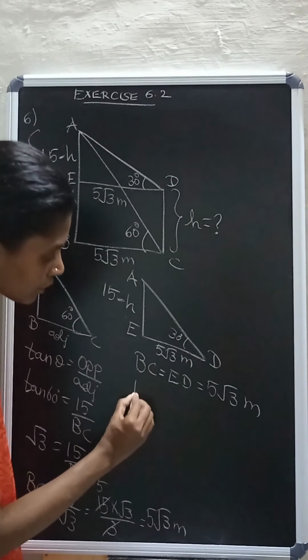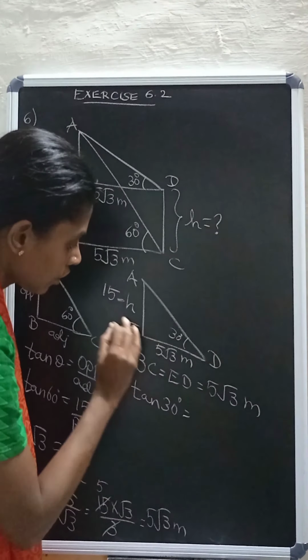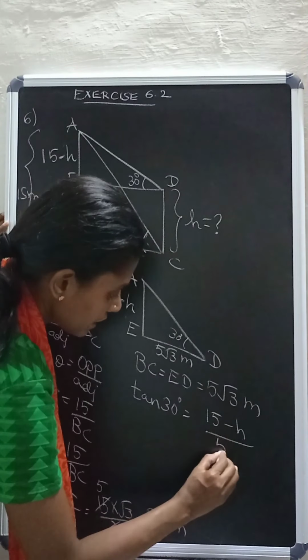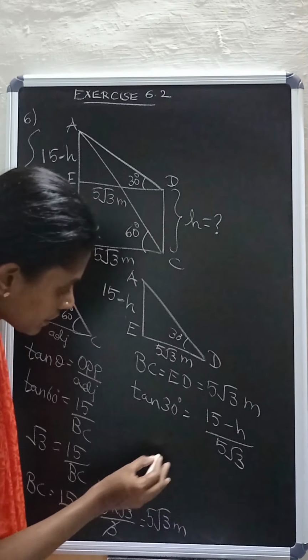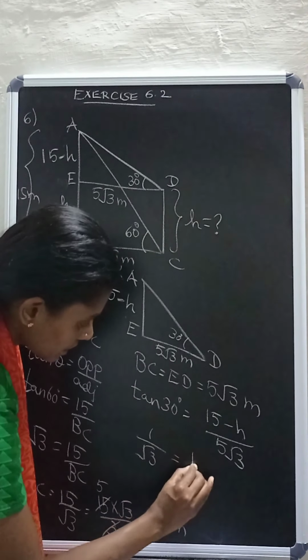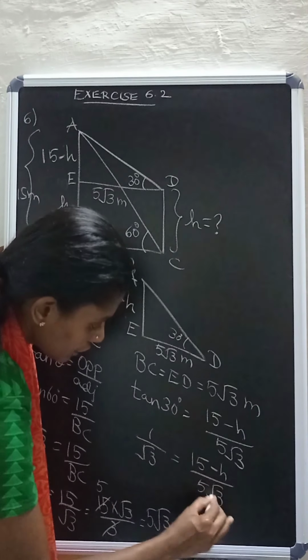Now take tan theta. Tan 30 degrees is equal to opposite by adjacent, 15 minus h by 5 √3. Tan 30 value is 1 by √3. So 1 by √3 is equal to 15 minus h by 5 √3.